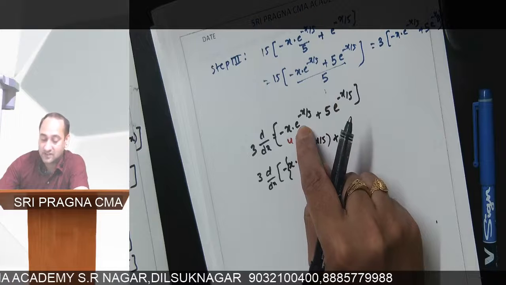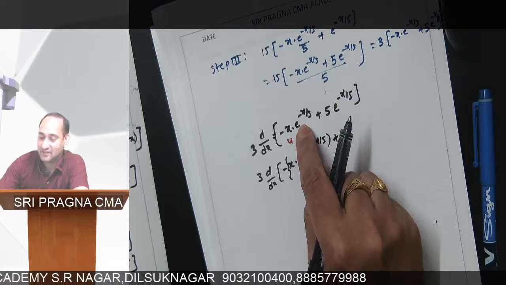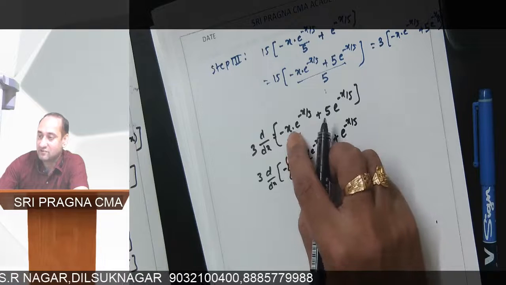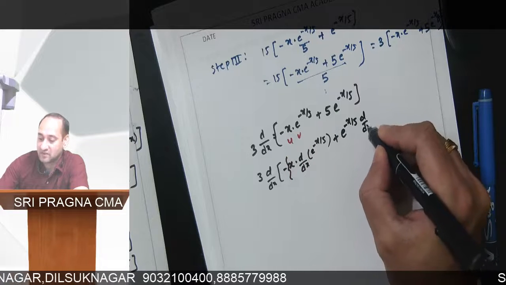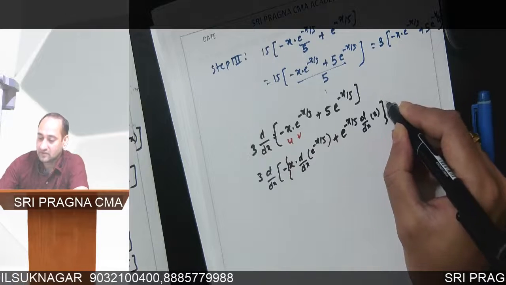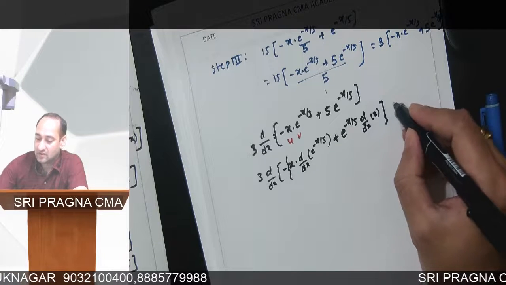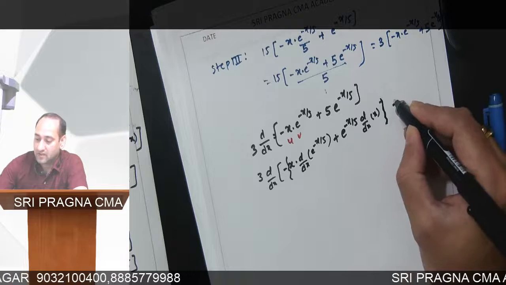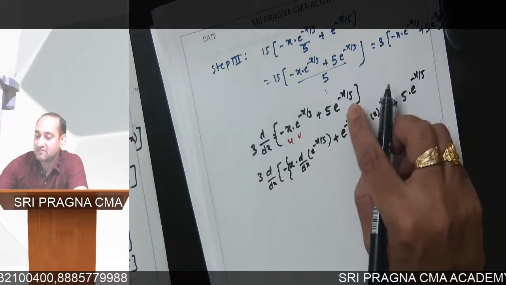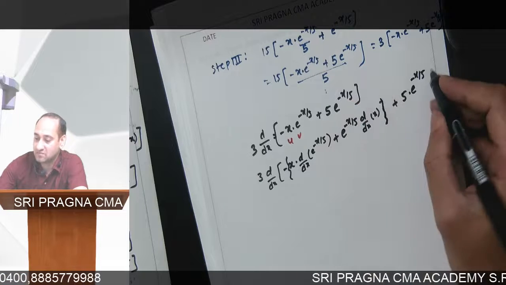I understood my mistakes, I think. This one, e to the power minus x by 5, and we have to do the differentiation of this number. Comfortable? Plus 5 and e to the power minus x by 5, and we have to do again the differentiation of this number.